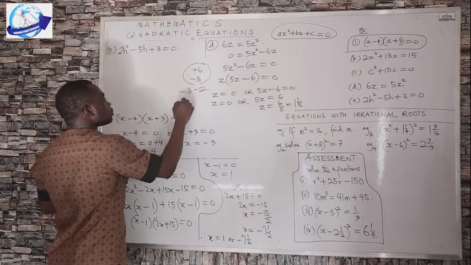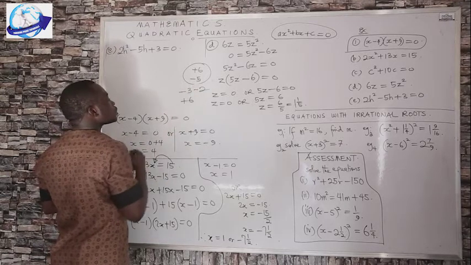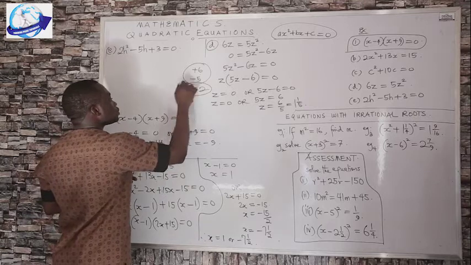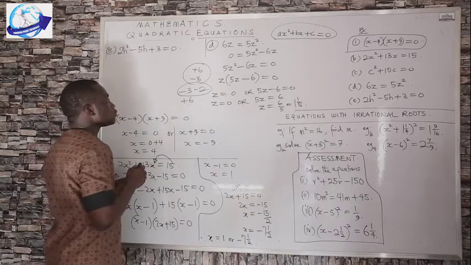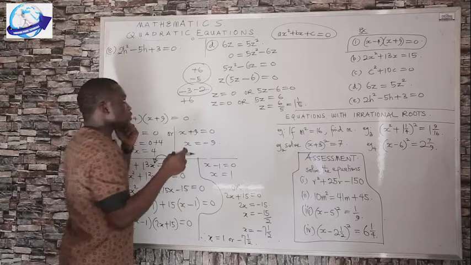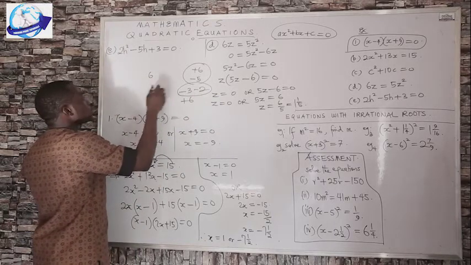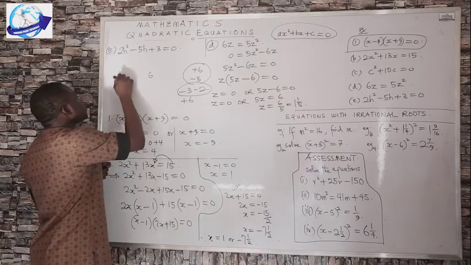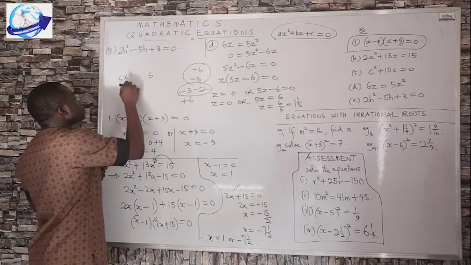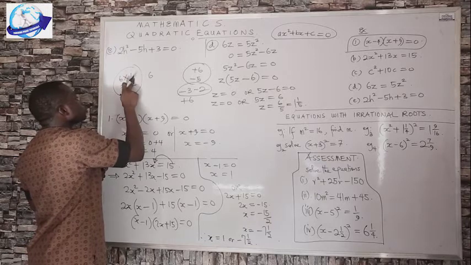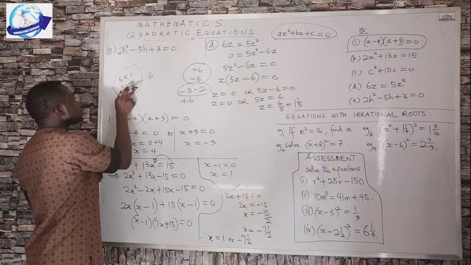Minus times minus gives you plus, and 3 times 2 gives you 6, and then minus 3 minus 2 gives you minus 5. How did I get it actually? We're looking for what can multiply to give us 6. So we have 6 times 1, we have 3 times 2. 6 and 1 could not give me minus 5, so I go with the factors 3 and 2, which multiply to 6.